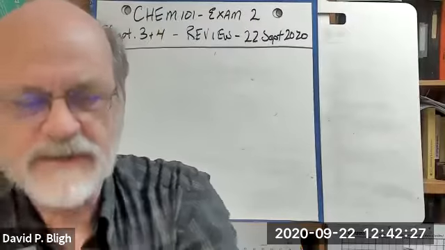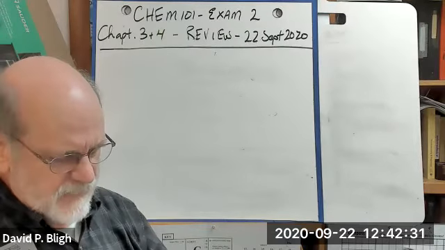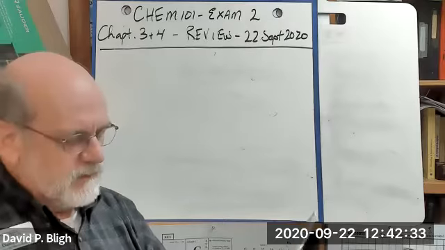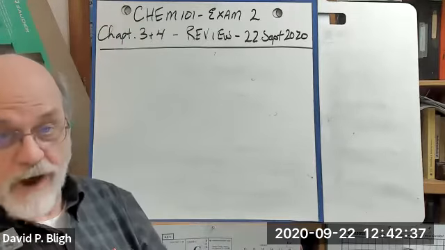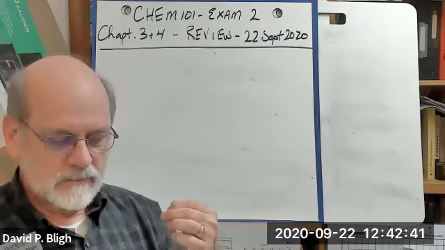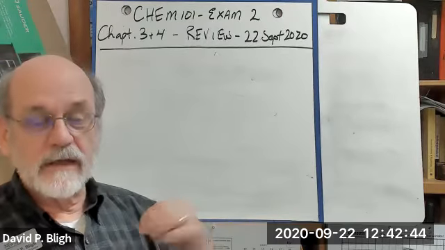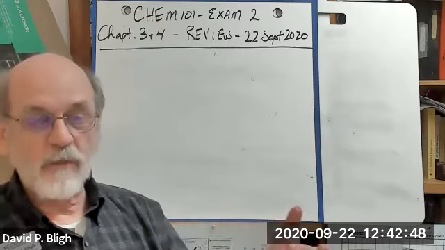Let's see, what's the next one? Okay, this is a thought problem. It's kind of a tricky question, but I wanted to drive this point home. The average mass of carbon in naturally occurring carbon, all isotopes together, is 12.011.